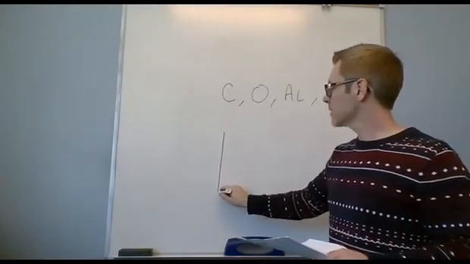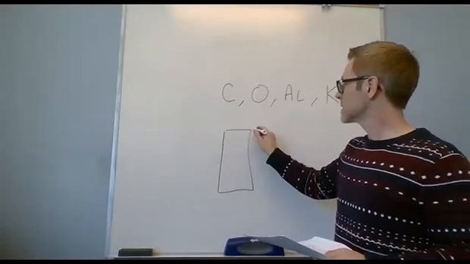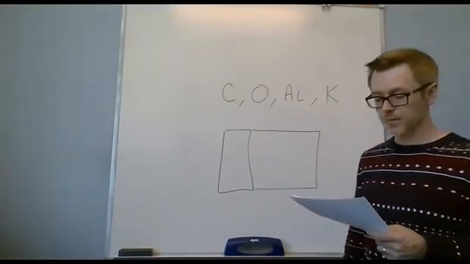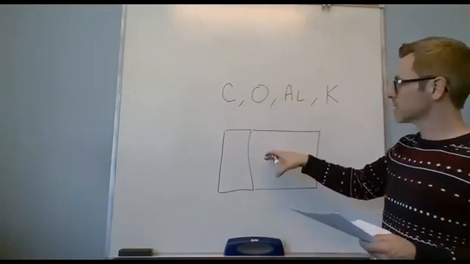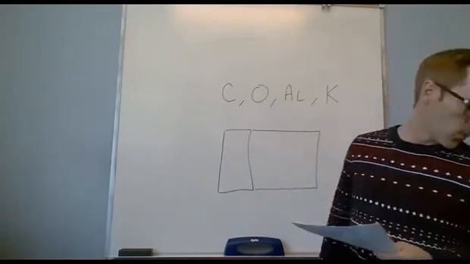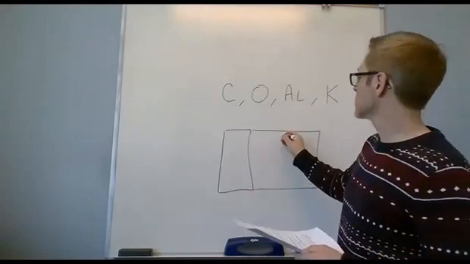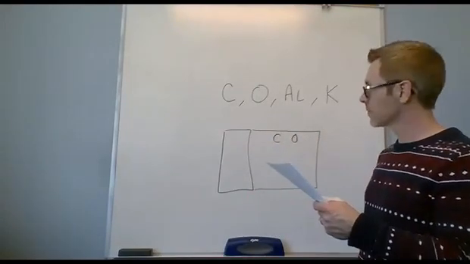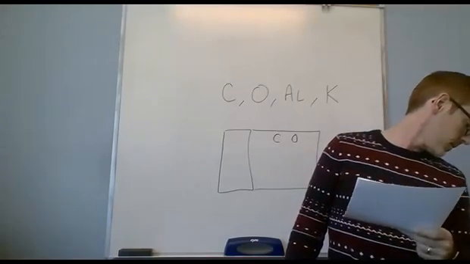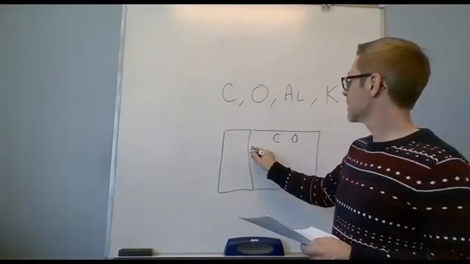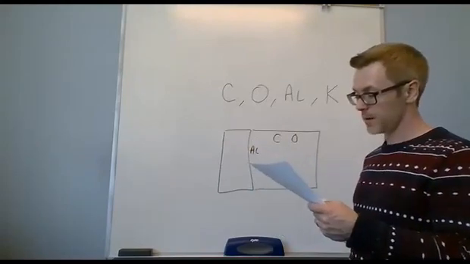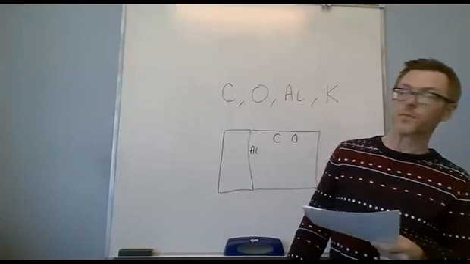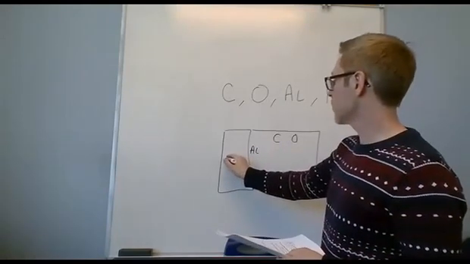So I always recommend that you sketch the S and the P block in the space provided, and label where these elements are on the periodic table. So we know carbon is over here, oxygen is in the same period but further right, aluminum is to the left and below carbon, and potassium is below aluminum and over here.